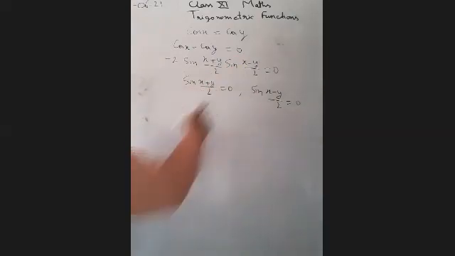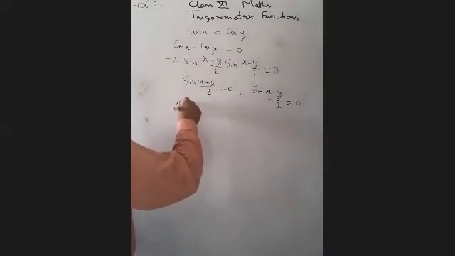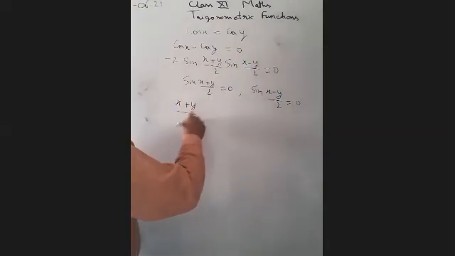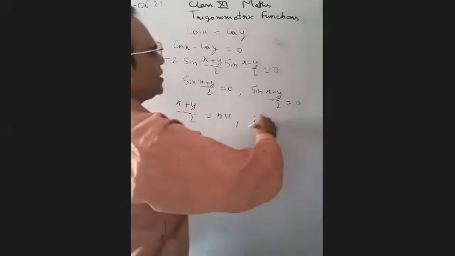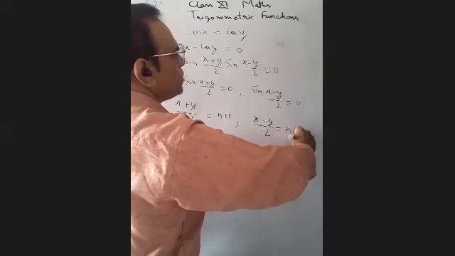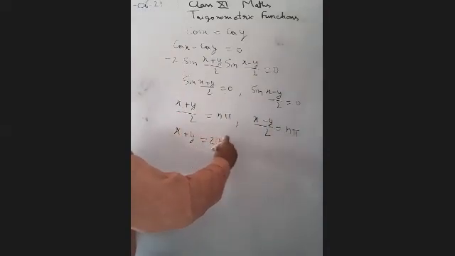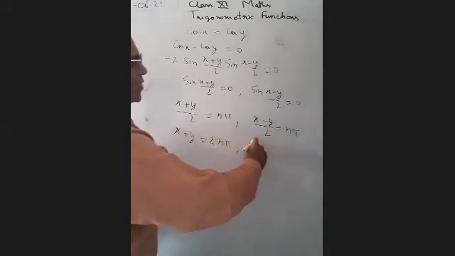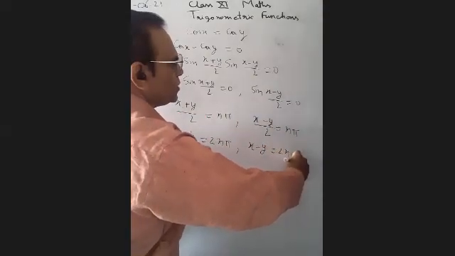If sin is equal to 0, then what will happen? (x plus y) upon 2 is equal to n pi. If (x minus y) upon 2 is equal to n pi, then x plus y is equal to 2n pi. x minus y equal to 2n pi.